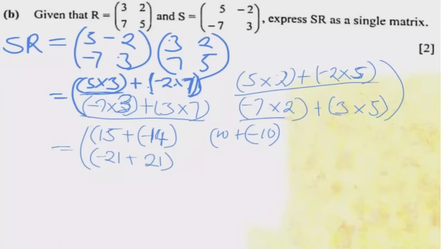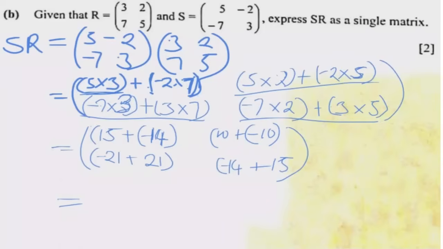Then we say negative 7 times 2 will give me negative 14, plus 3 times 5 will give me 15. Now let's find the sum of those.